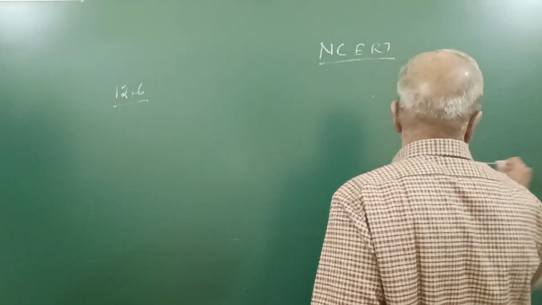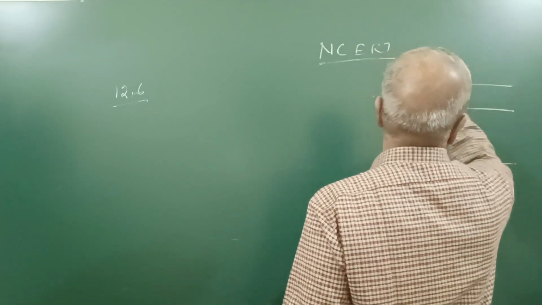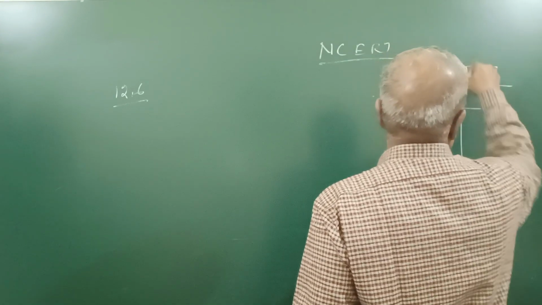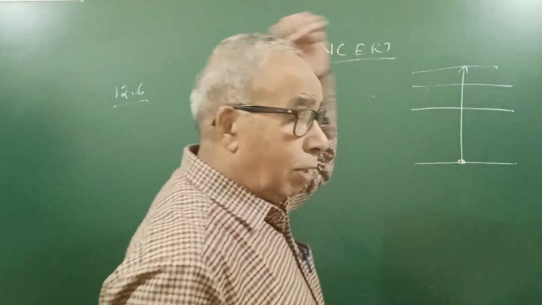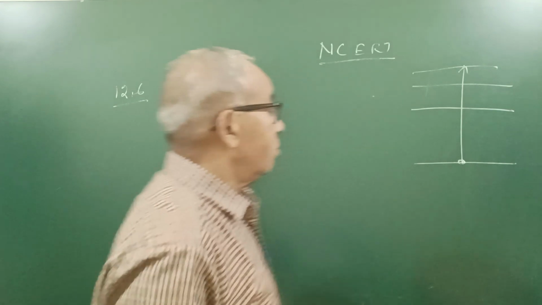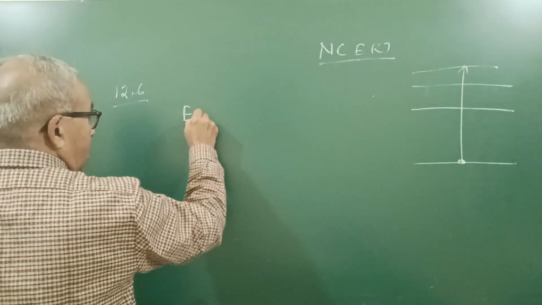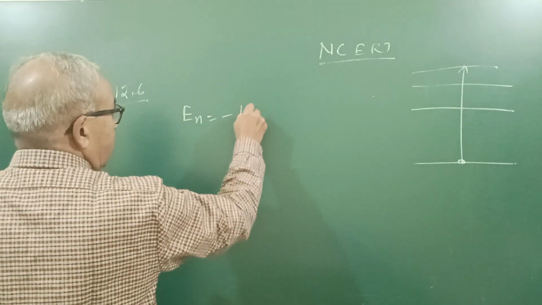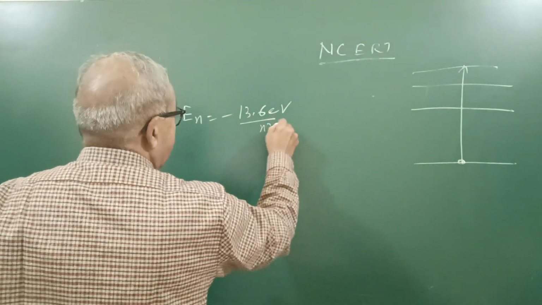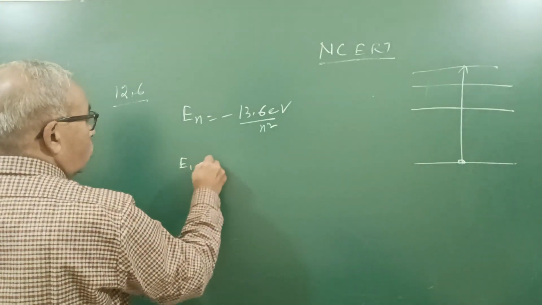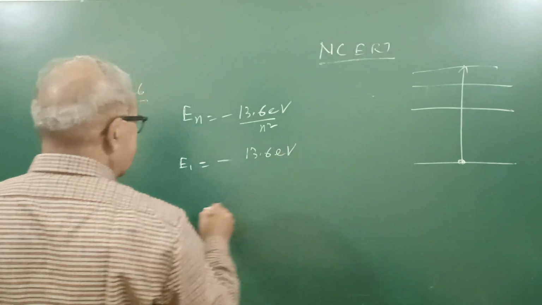भाई ग्राउंड स्टेट में यहाँ इलेक्ट्रॉन था और 2, 3 और 4 में बचा दिया उसने. तो we have to calculate how much energy was of this photon first. तो we know energy En बराबर माइनस 13.6 इलेक्ट्रॉन वोल्ट अपॉन n स्क्वायर. So E1 is equal to minus 13.6 electron volt.